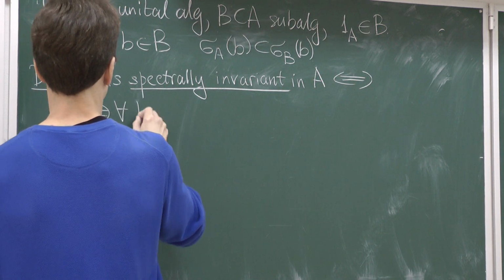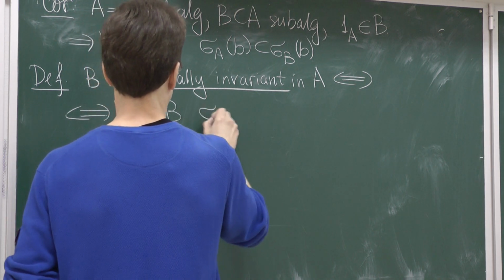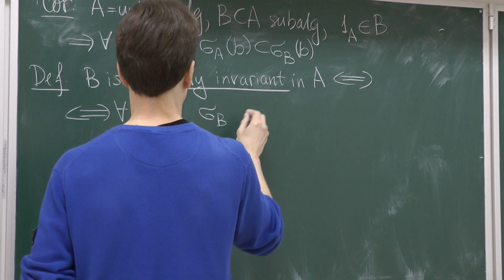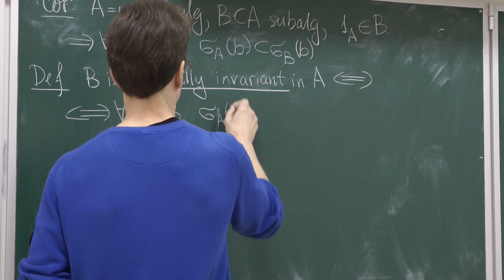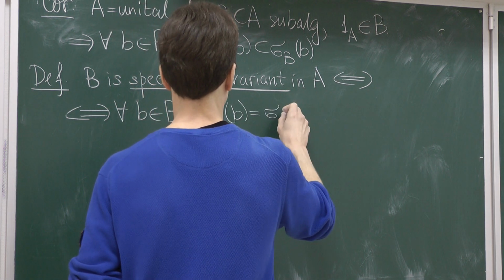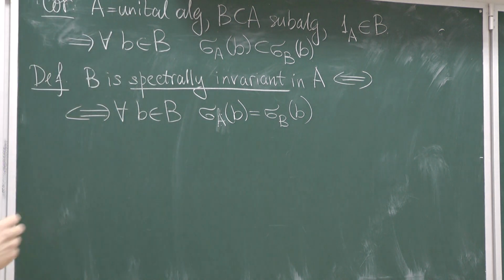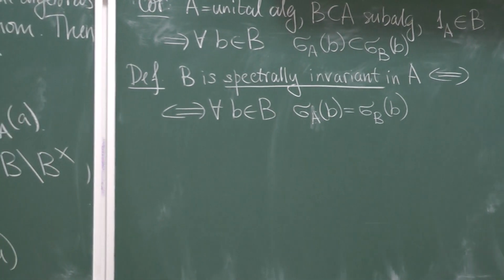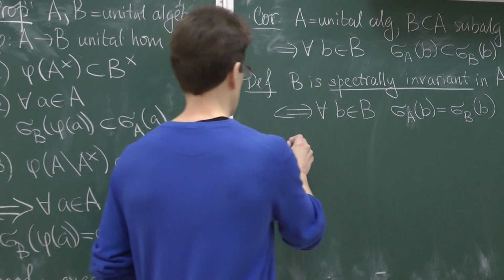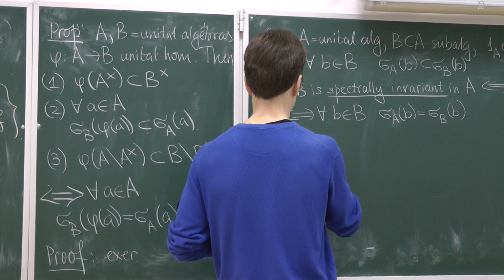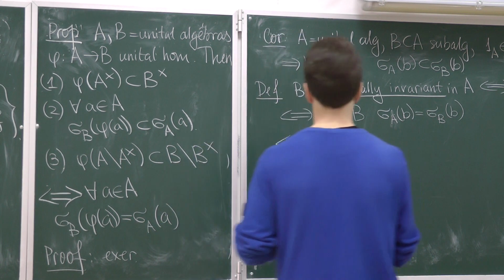For each element little b, the spectrum of b calculated with respect to the bigger algebra equals the spectrum calculated with respect to the smaller algebra. And by using the third part of our previous proposition, we see that this is equivalent to the following property.